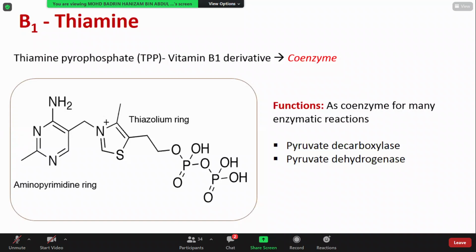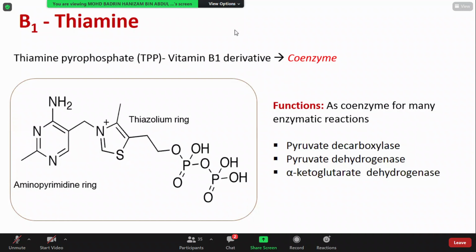Is it in pyruvate metabolism? From pyruvate to acetyl-CoA, we use the enzyme pyruvate dehydrogenase. Pyruvate to? Acetyl-CoA. Yes. Okay, that's good. Thank you very much. Pyruvate dehydrogenase complex, the full name. All right, thank you.